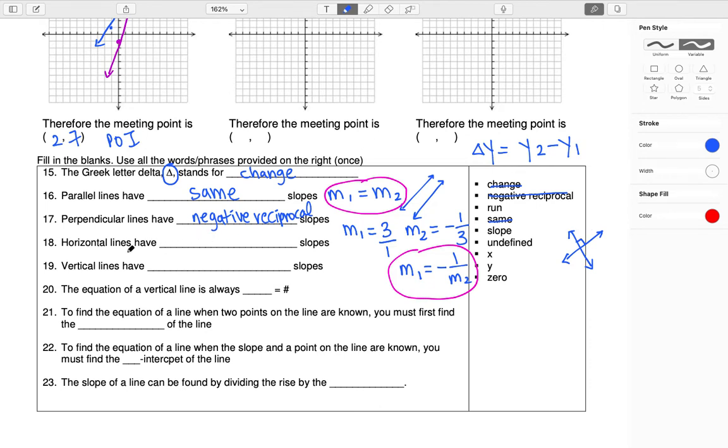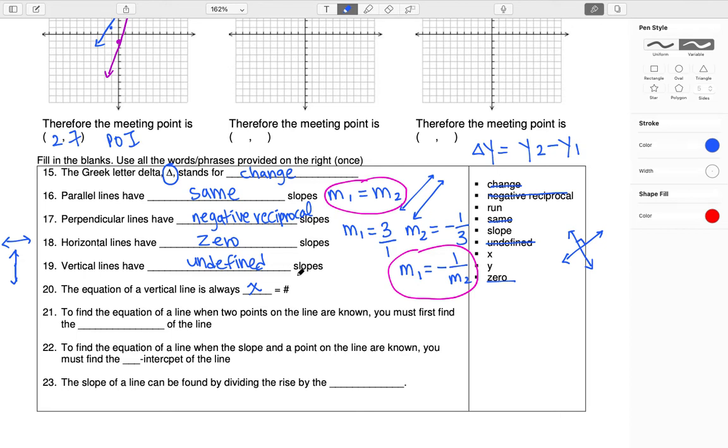Horizontal lines, like this, have a slope of 0. On the other hand, vertical lines that go straight up and down have undefined slope, so they don't have a slope value. And the equation of a vertical line is always x is equal to a number.